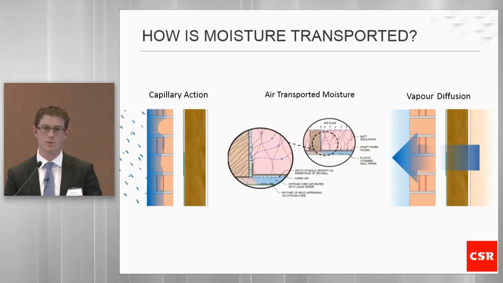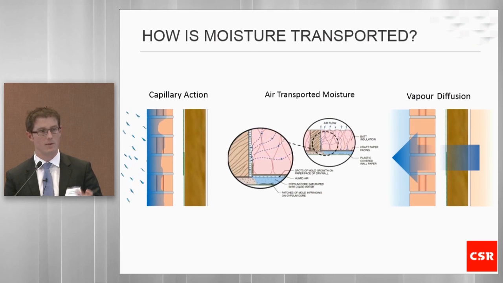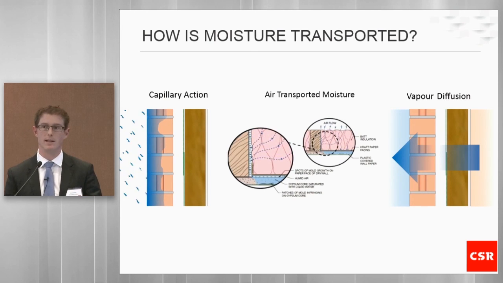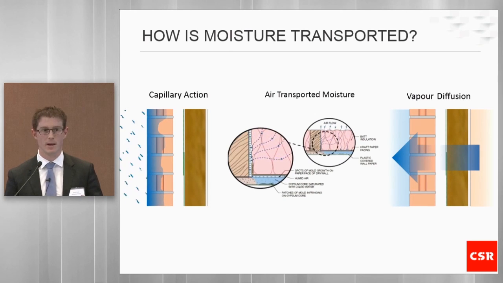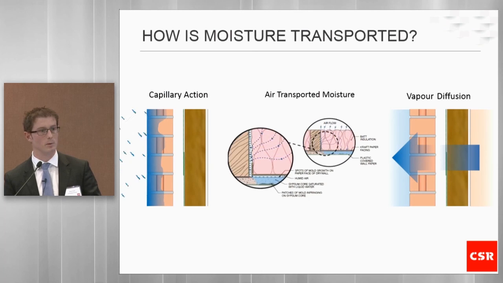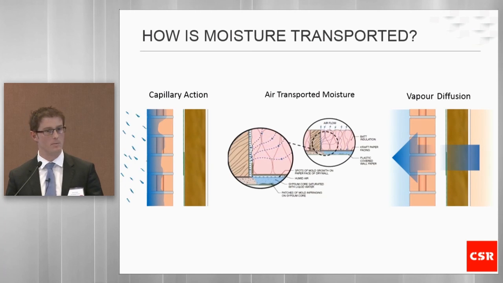There's air transported moisture, which is when you have humidity or water vapour in the air, and anywhere the air goes, the water vapour will go with it. Then there's vapour diffusion. So when you have a temperature and humidity differential on either side of a construction system, if you have porous or vapour permeable building materials within that construction, the water vapour will actually migrate through the materials themselves.